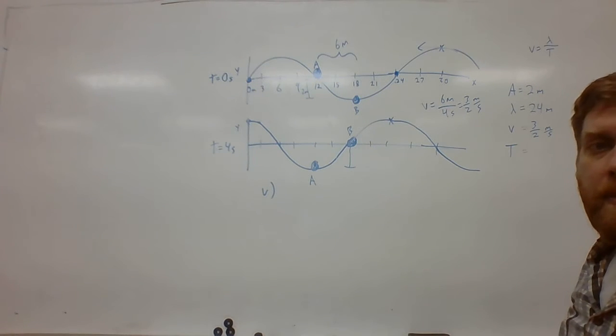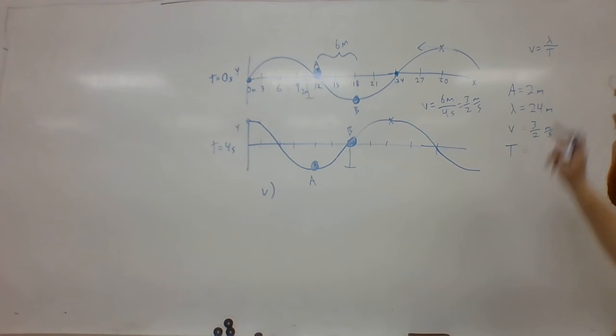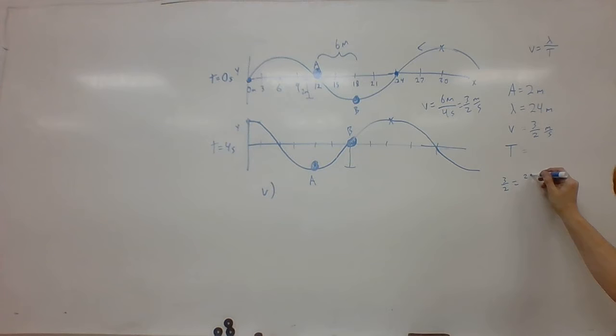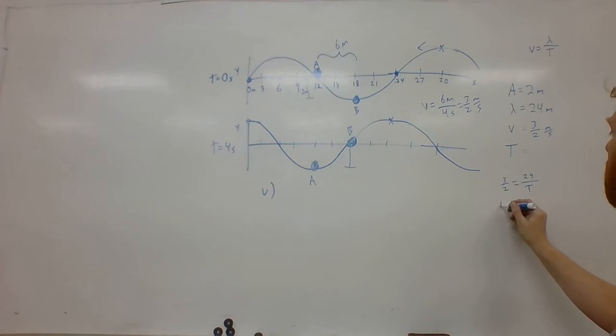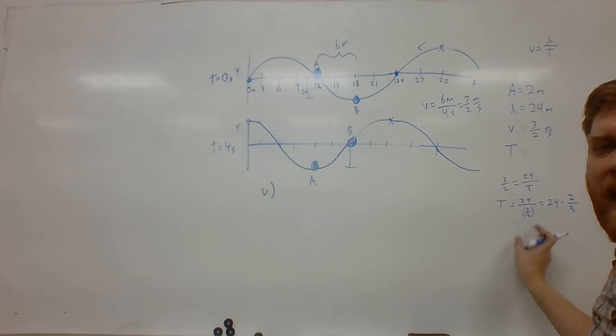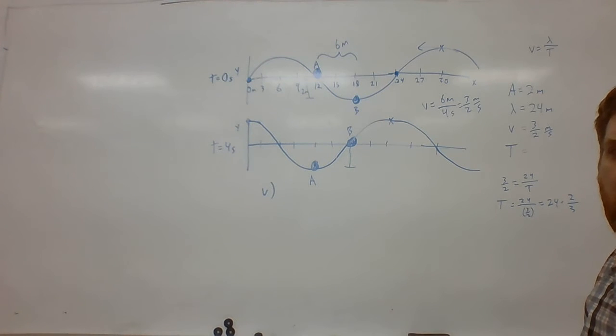Now we have enough information to solve for the period. Velocity, which is 3/2, equals the wavelength, 24, over the period. Or we can multiply by T, divide by 3/2, and we have 24 over 3/2 equals the period. This is equal to 24 times 2/3. I suggest you don't divide by a fraction because you're going to put that into your calculator wrong.